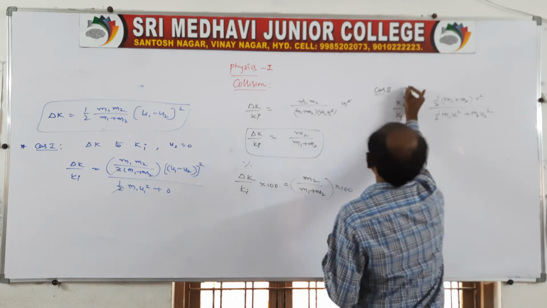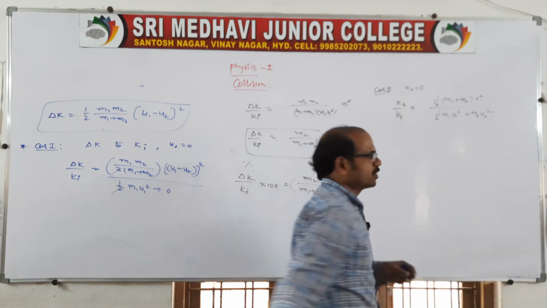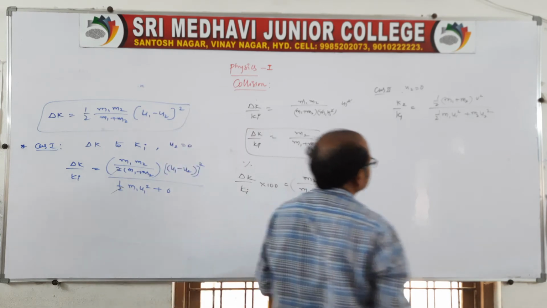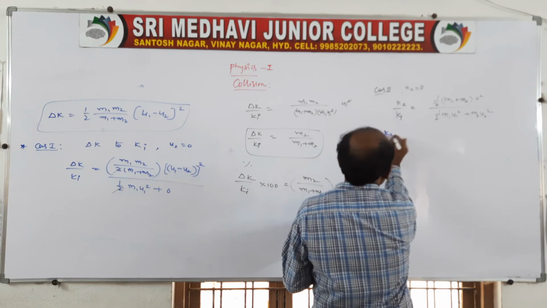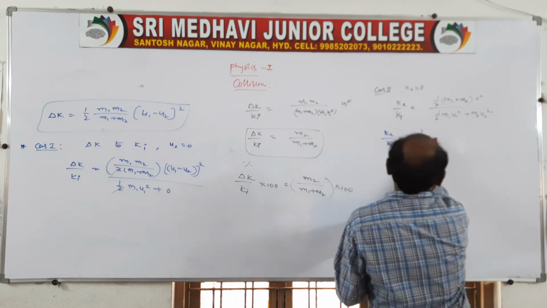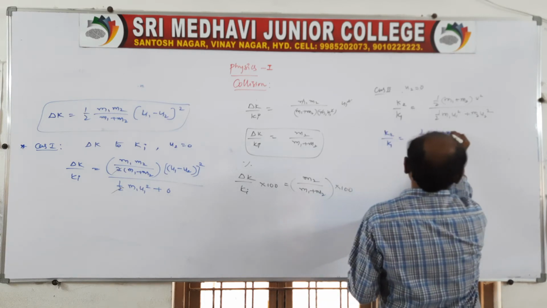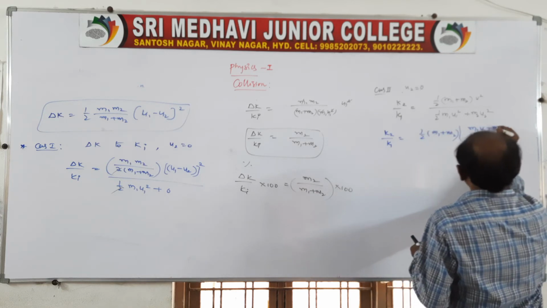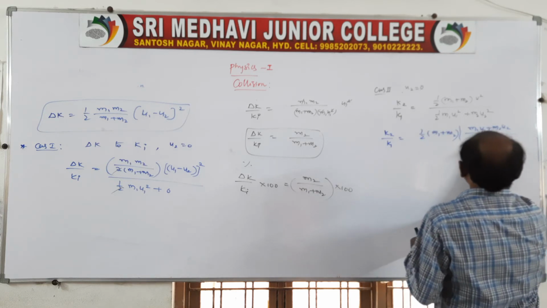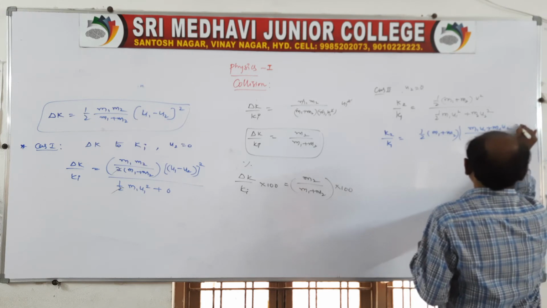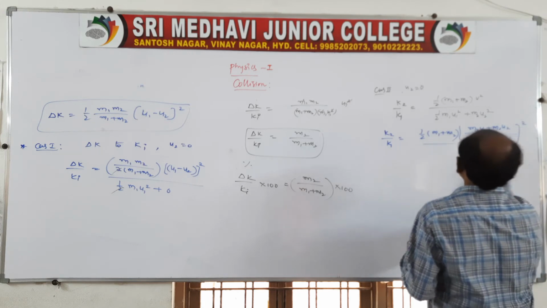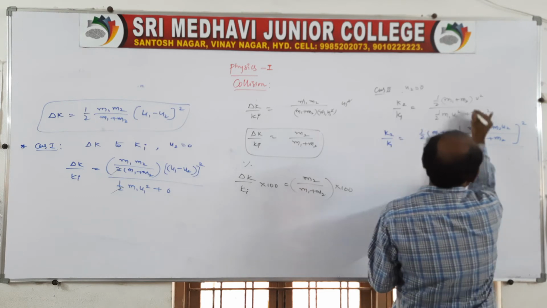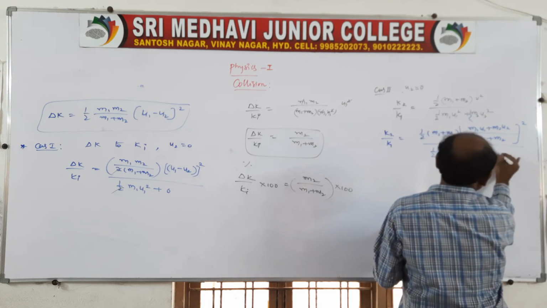Since the second body is at rest, u2 is 0. So K2 by K1 is 1 by 2 m1 plus m2 into v square, where v is m1 u1 plus m2 u2 by m1 plus m2, divided by half m1 u1 square plus half m2 into 0 square.